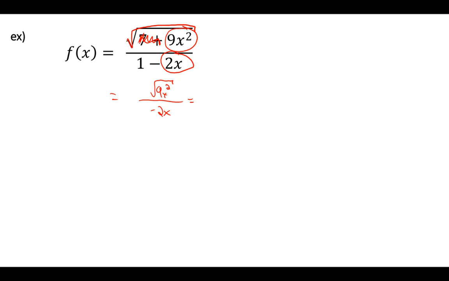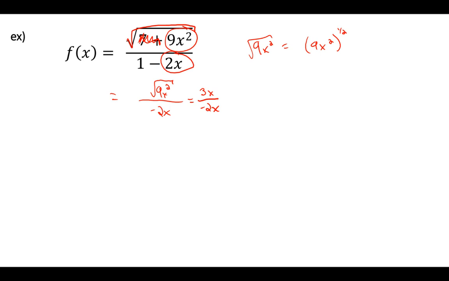If we were to simplify this, reduce this, this would actually turn into 3x, right? Because the square root of x squared is just x. So it would actually turn into 3x over negative 2x. And that's the better way of looking at this because that squared power is going to get sort of reduced by that square root because really this 9x squared, square root of that is equivalent to saying 9x squared to the 1/2 power.